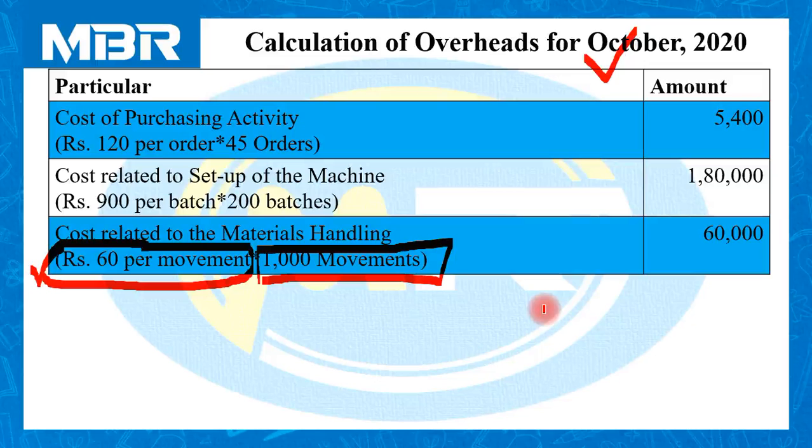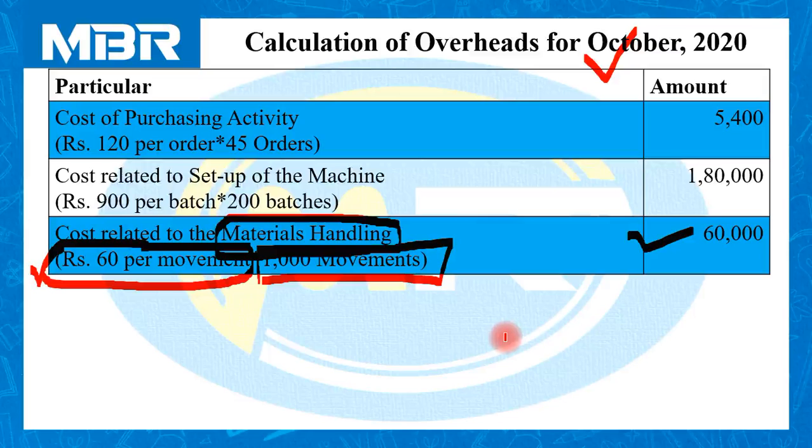Number of movements is 1,000. So expenses incurred on materials handling activities allocated for October 2020 is rupees 60,000: rupees 60 per movement multiplied by 1,000 movements.